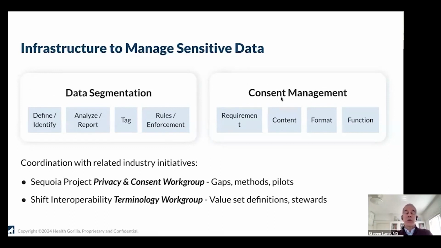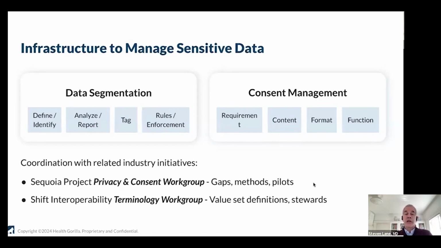And then we're also, and we're not going to focus in on this today, thinking about consent management. Where is consent required? What is the content of the consent, the format? How do you functionalize or operationalize consent? That's going to be for another day to discuss. But these are both required to really manage this sensitive data in accordance with these rules.